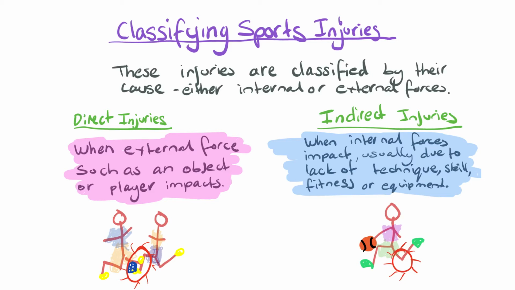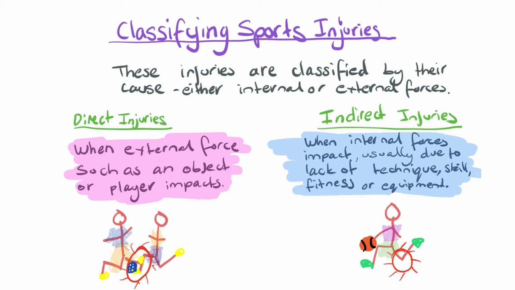And so that would be a direct injury because the force of the other player's foot has caused an injury to the other player. When we look at indirect injuries, these are when internal forces impact, usually due to a lack of technique, skill, fitness, or equipment. And so this might be when we're changing direction, or if we land funny, or if we've got the wrong shoes, or we've got the wrong mouth guard or something like that.